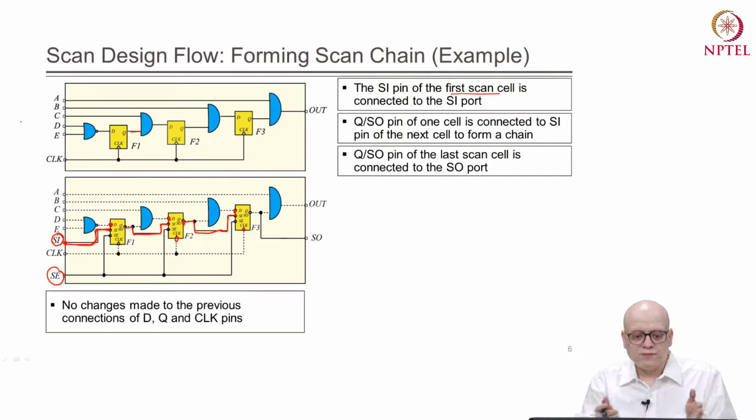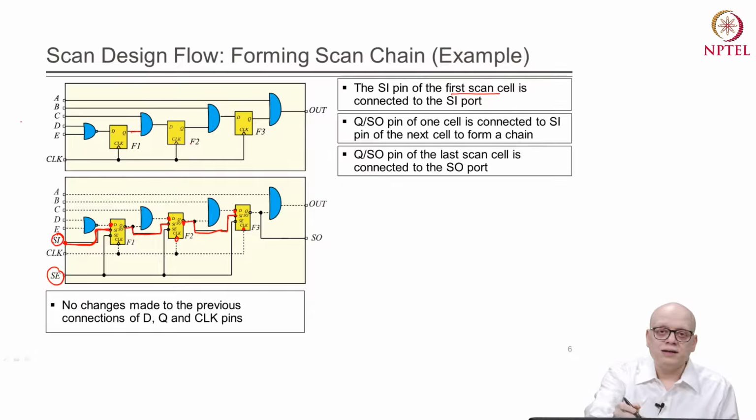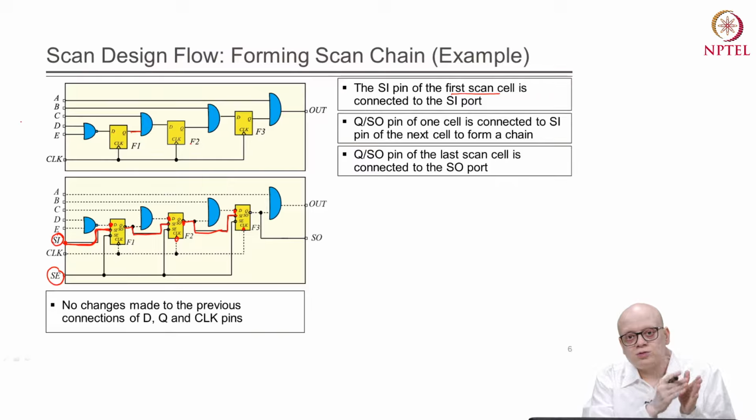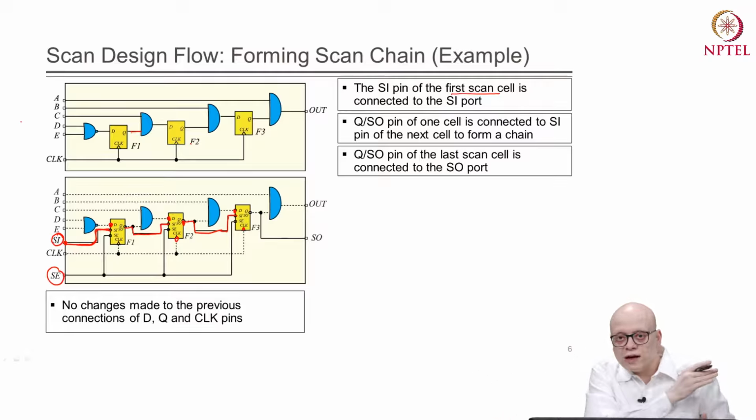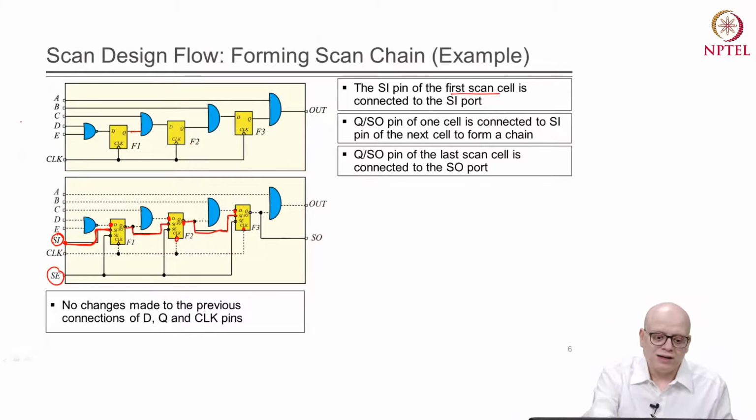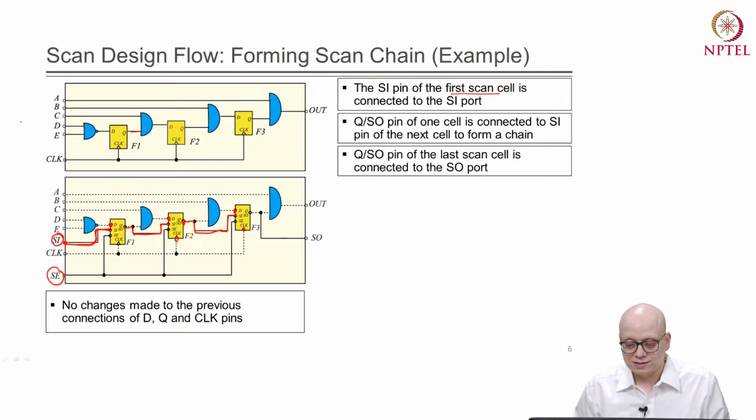If there were, say, 10 flip flops in our design, we would have connected the first to the second, to the third, to the fourth and so on, and would have formed a chain of 10 flip flops or 10 scan cells, right. Here there are only 3, so we have only 3 scan cells in the chain, right.